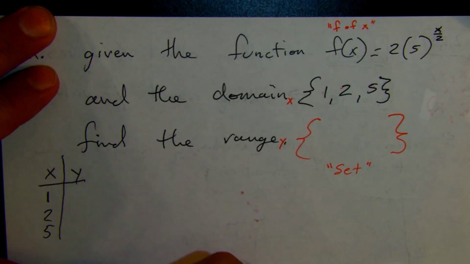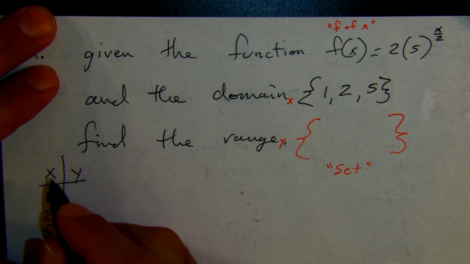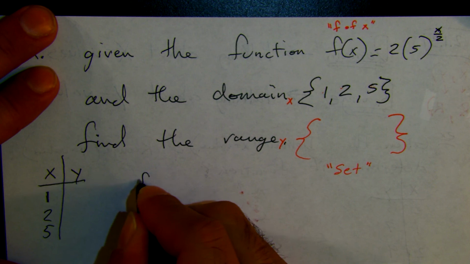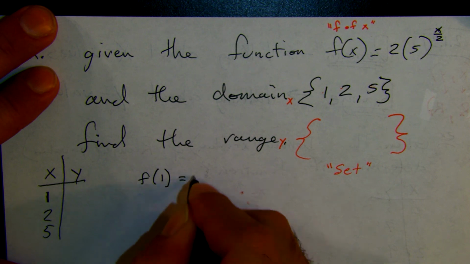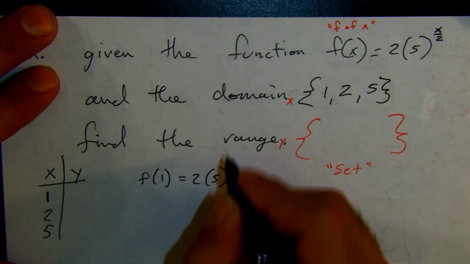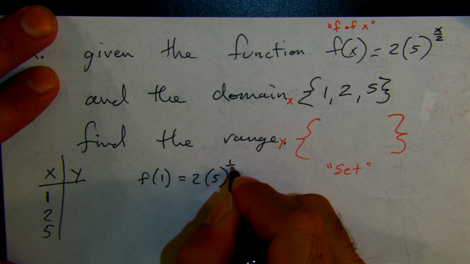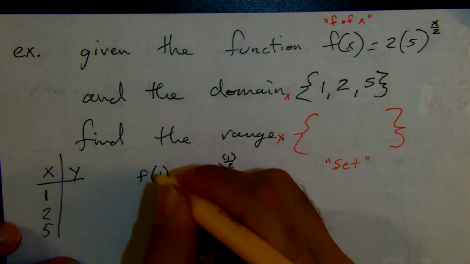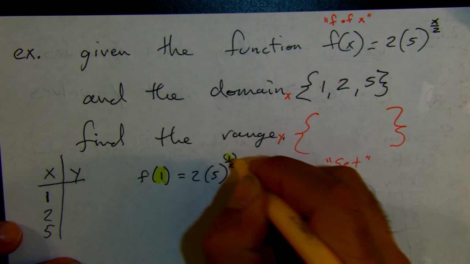All right, for those at home, I'll just go ahead and start. First, I'm going to plug in my domain value of 1. That's my x value of 1 because domain is talking about our x values. So I'm going to do f of 1 is equal to 2 times 5 raised to the 1 half.